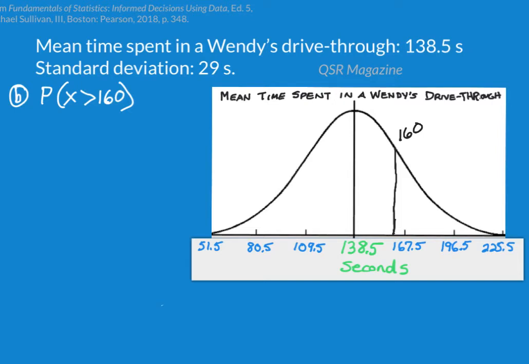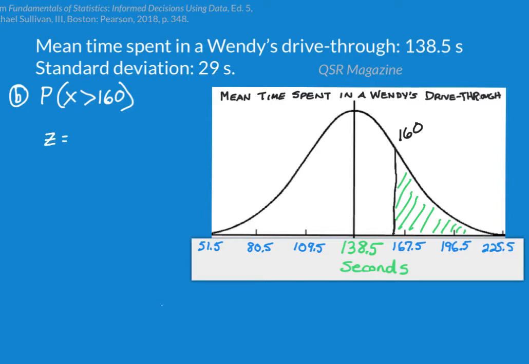Now remember, we're looking at the probability that the time spent is greater than that. Remember that point, because first we have to calculate a z-score before we can do anything else, and then we're going to think about what the area above our value means.